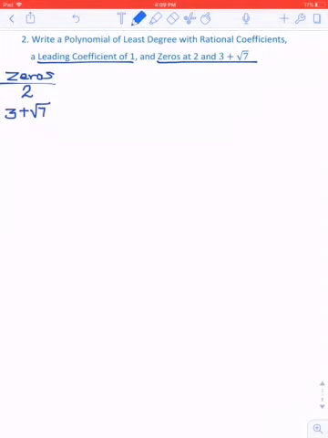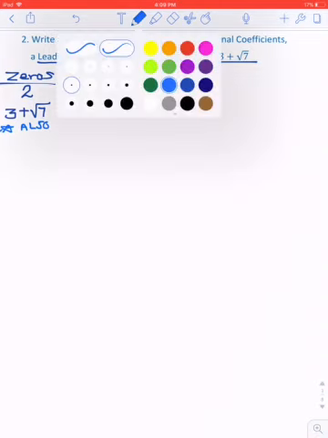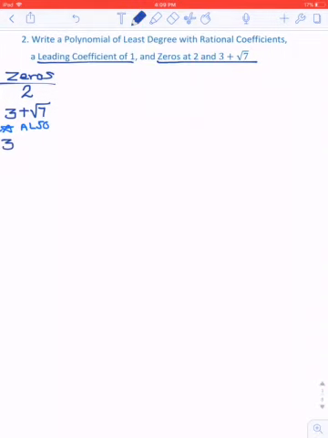If we have zeros at 2 and 3 plus root 7, what else do we know? Alright, that irrational conjugates theorem tells us that we also have another root. That other root being 3 minus root 7. So we have 3 zeros. What do we make with those zeros? You should make them into factors.